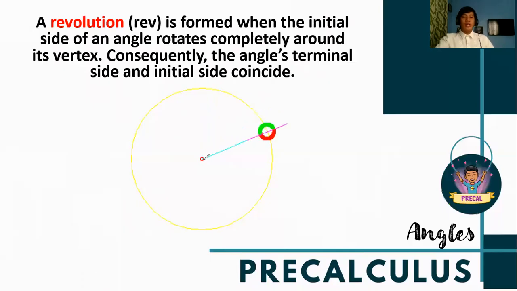So when the initial side starts at the positive x-axis, it will have 1 complete rotation, which is exactly equal to 360 degrees or 2 pi radians. Consequently, the terminal side will now coincide again with the initial side. So it returned back to its original position. So that will be 1 complete revolution.